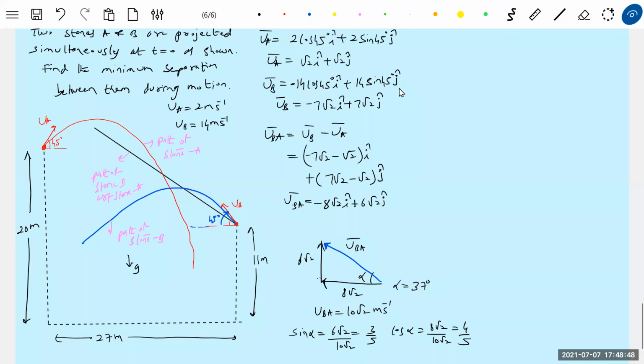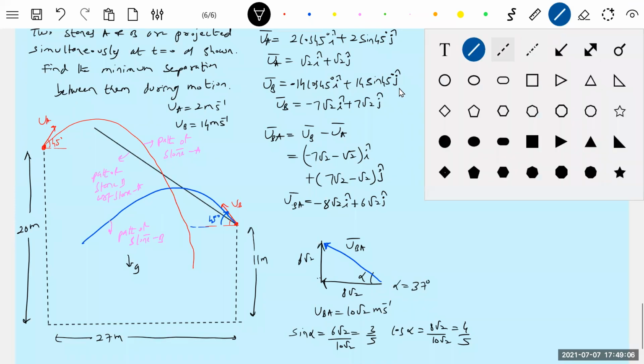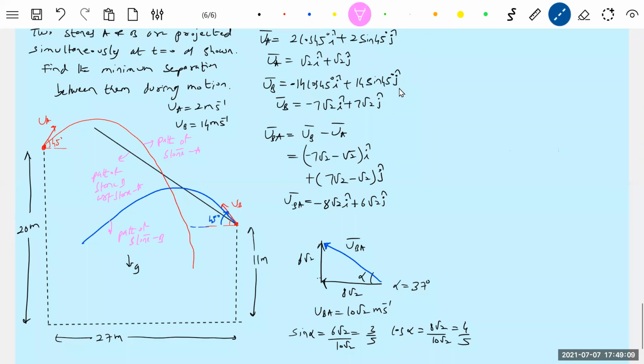So here now the diagram plays a very important role. I think I can draw a small diagram here. This diagram is something very important.